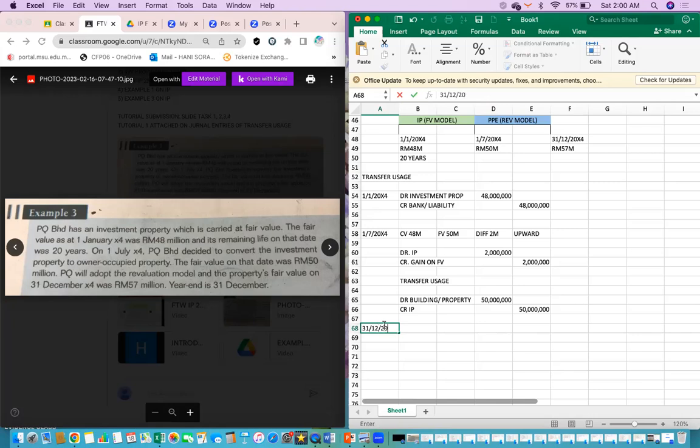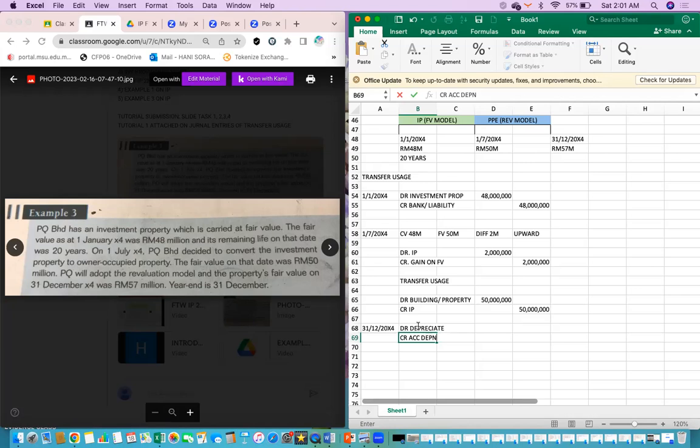Okay, 20X4. We cannot depreciate at this point because you just converted from IP to become PPE. So you have to use that particular asset as PPE for one period before it can be depreciated. So now it's the time for us to depreciate. You will depreciate first before you revalue, when fair value is given to you.